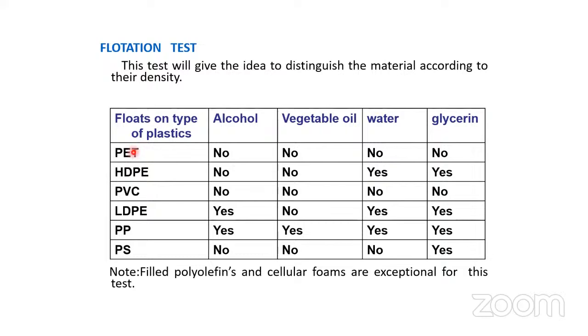So for that they do the test, like with PS: in water it will sink, but in magnesium chloride and zinc chloride it will float. That is why they use the density or flotation method, to check the purity of your material or whether some vendor has added something. People generally use these methods for that.